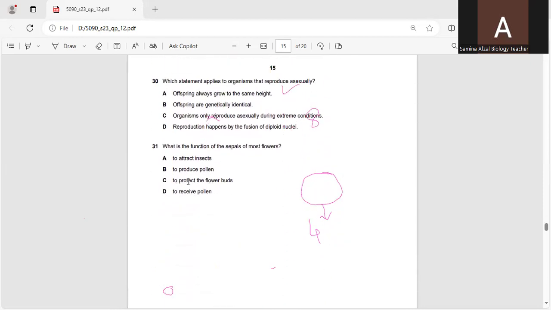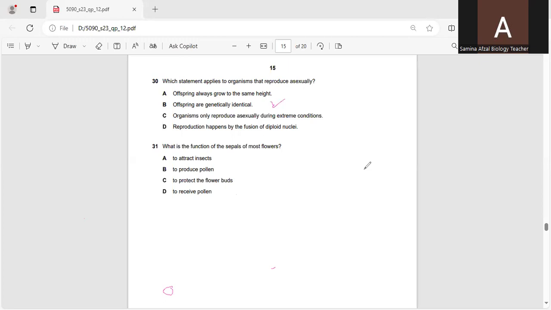Next, question number 30. I'm going to read the statement. Which statement applies to organisms that reproduce asexually? Asexual reproduction, offsprings always grow into the same height. Next, offsprings are genetically identical.